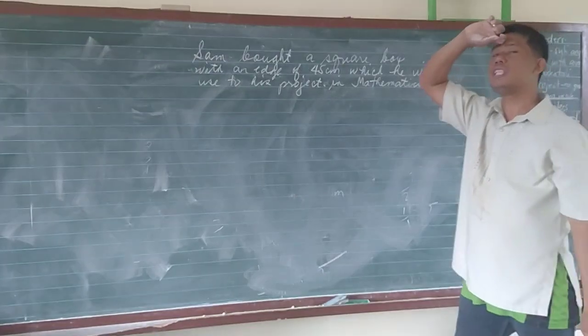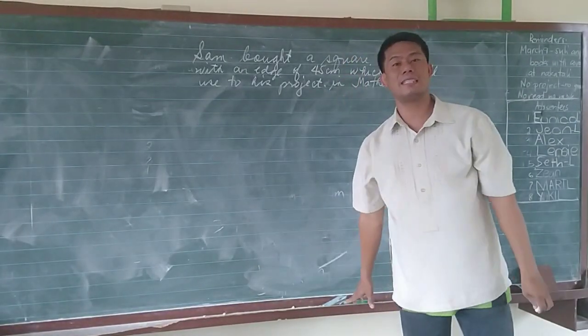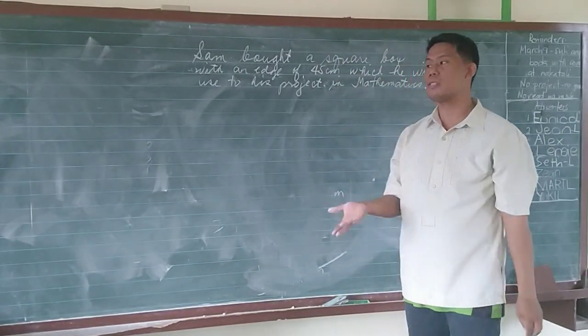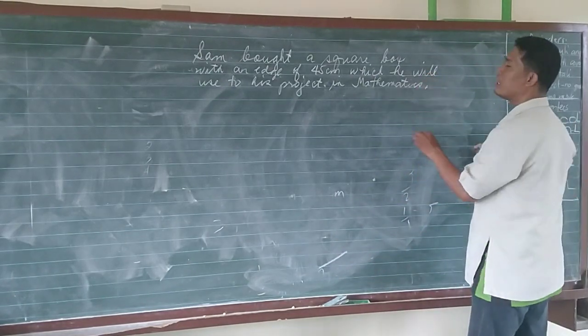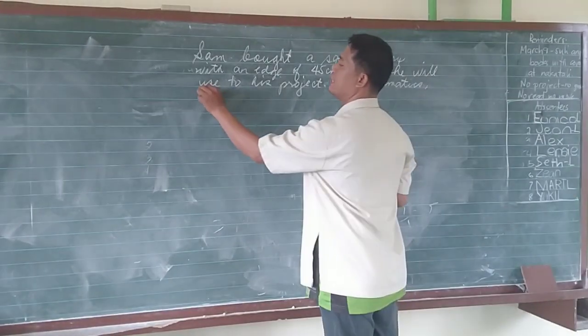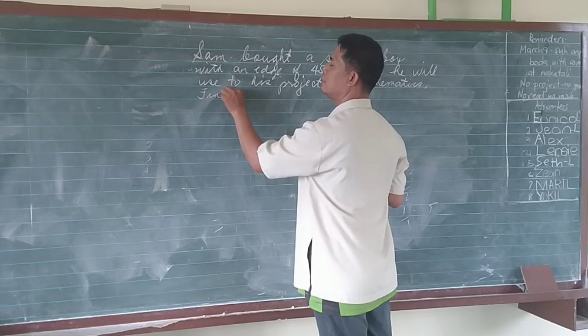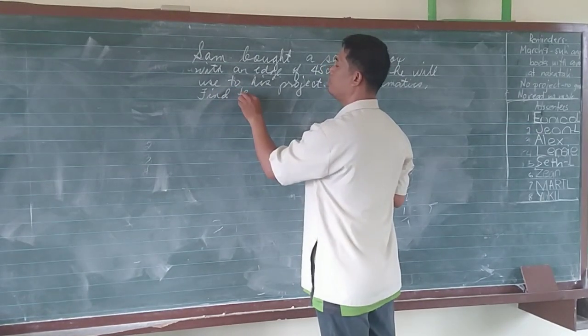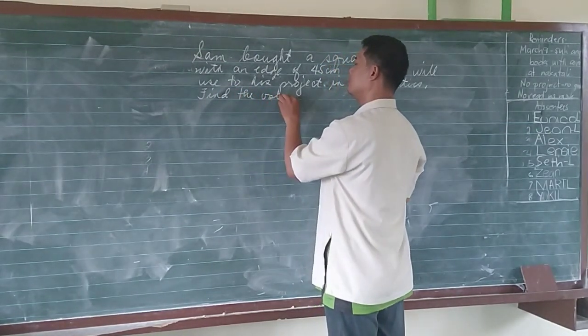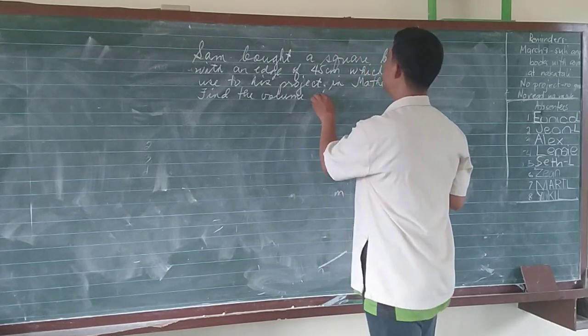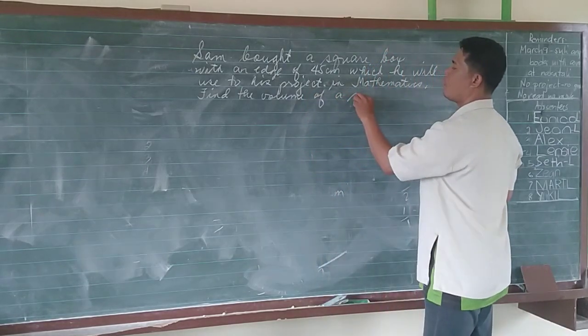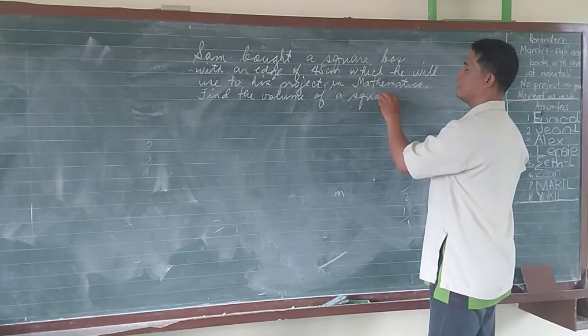Then, you continue by using the tag question, or you can also say, at the last part, find the volume of a square box.